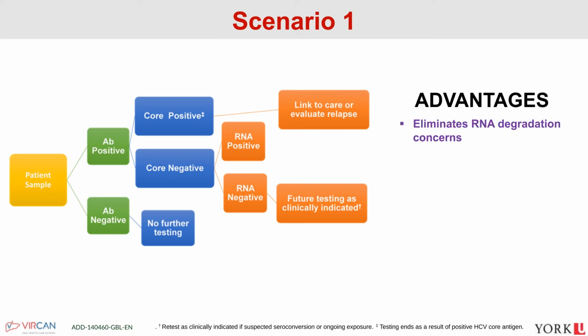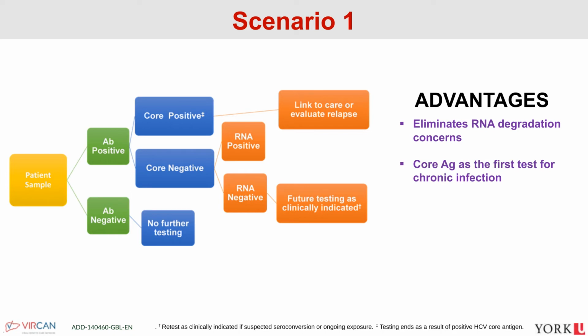So some of the advantages is that by using the core testing after antibody testing, we eliminate this initial concern around RNA degradation. And this has come up often. It comes up often with laboratorians around how long can the sample sit in the fridge before it'll impact the viral load, and will that make a sample go from positive to negative?